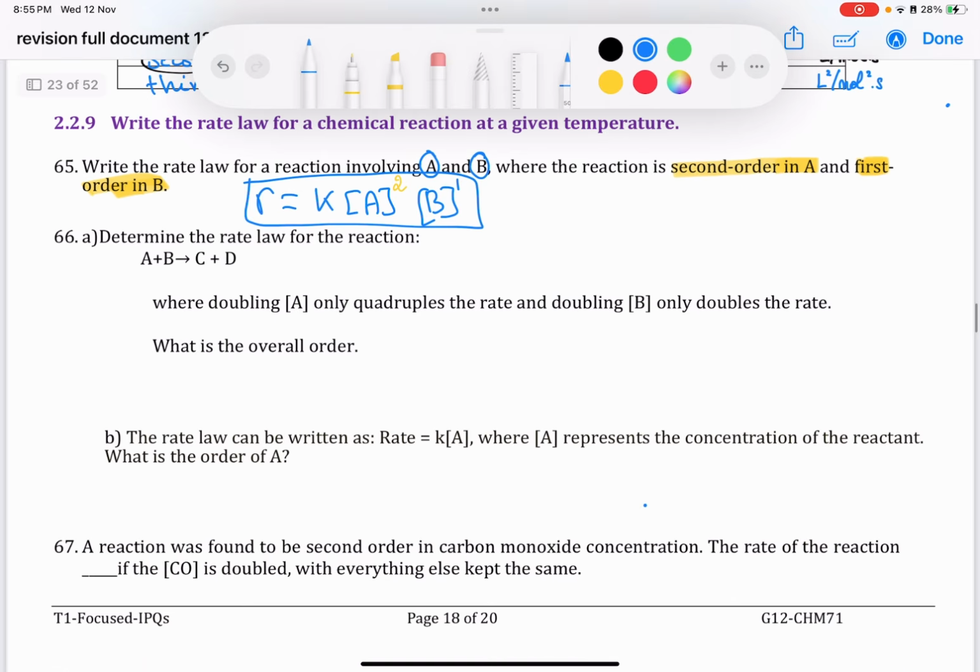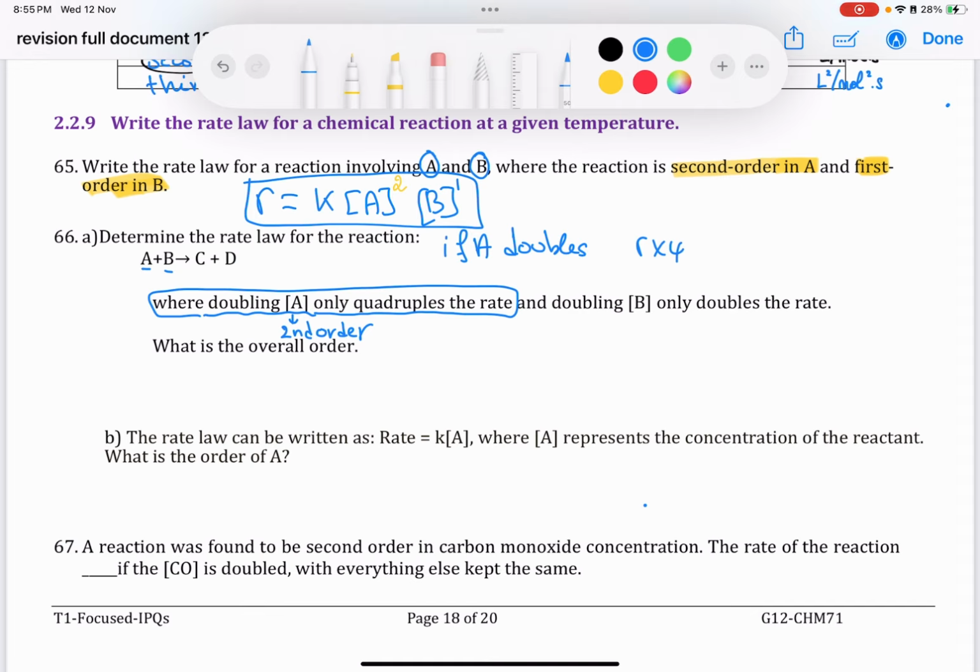Another question. Determine the rate law for the reaction A plus B, giving C and D. Now, when we're doubling A, it quadruples the rate. So if A doubles, the rate is going to quadruple. This means that A is second order.